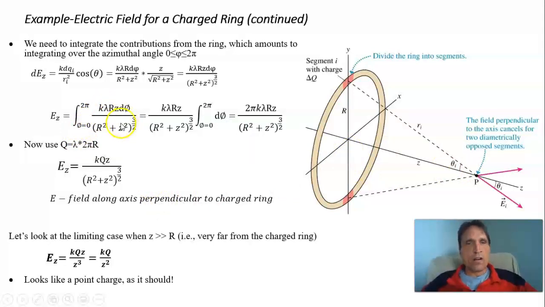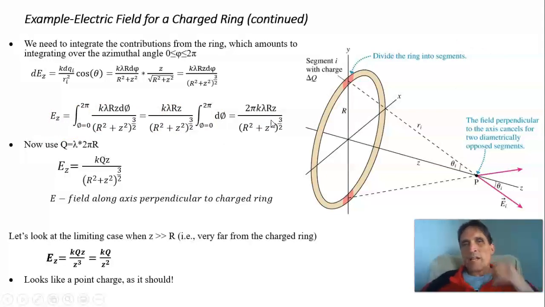We can pull all of this stuff but d phi out of the integral, and we're left with a really easy integral, right? The integral of d phi is just phi evaluated at the endpoints, which is 2 pi minus 0, or 2 pi. So this integral looked a lot scarier than it was, okay? It's only 2 pi, and now we've got our expression for the electric field along the z direction.